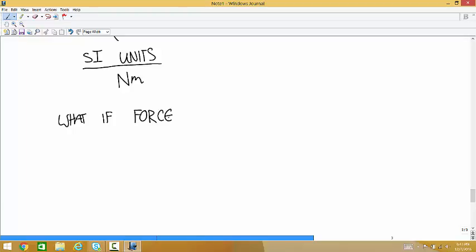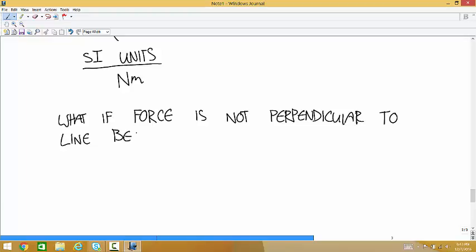You can do it like that. You're right, but that's not how I'm going to talk about it. So what if the force is not perpendicular to the line between P and A?